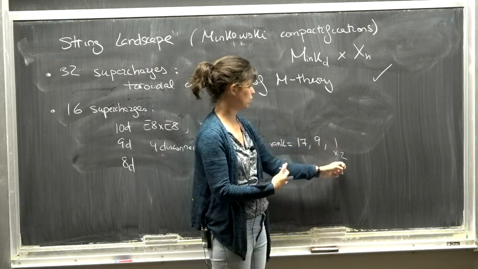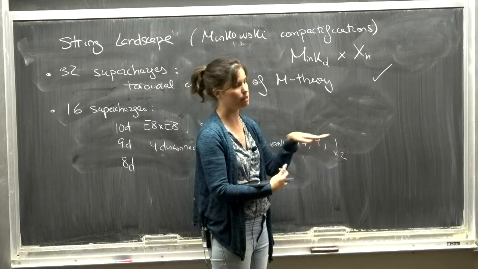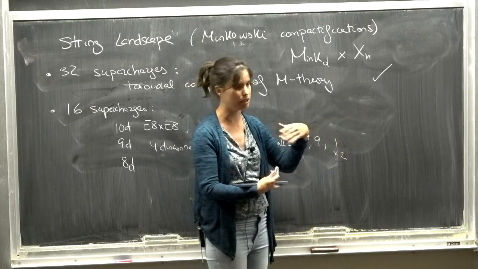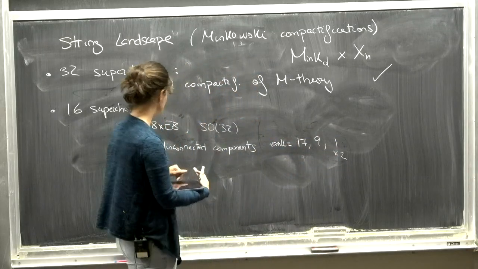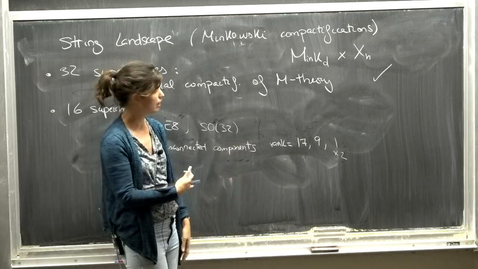Recently, it was also shown that this one has another copy in terms of a discrete theta angle, but in terms of the low energy spectrum, which is what we are considering now, it is the same, so it doesn't truly matter. So in the low energy spectrum, there are just 4 disconnected components of the moduli space.